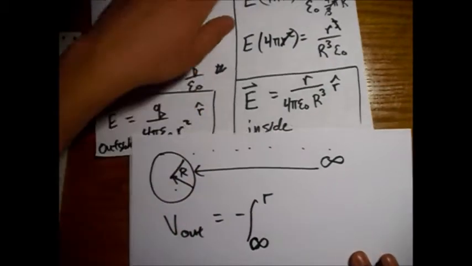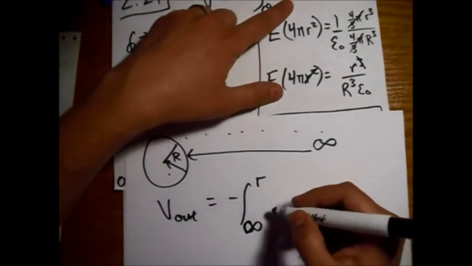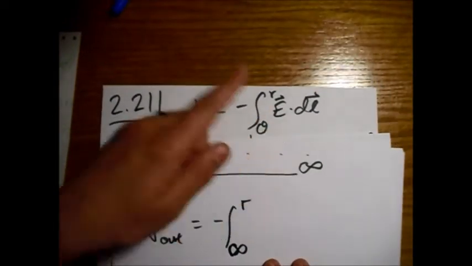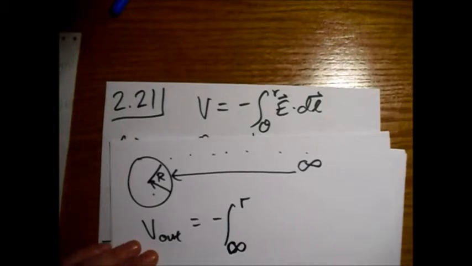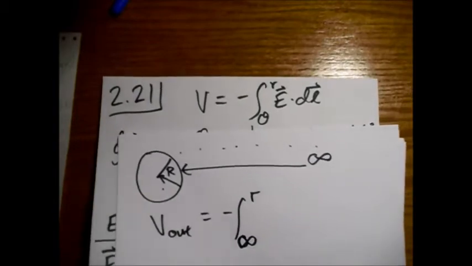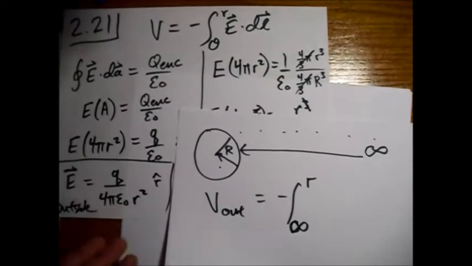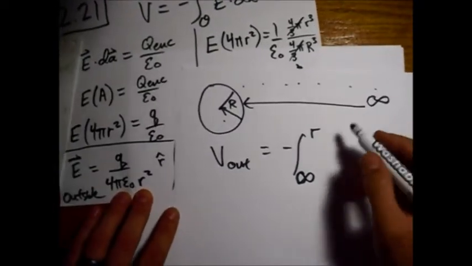All right, so E dot dl right here. And we're in radial components, and our E for the outside is this.